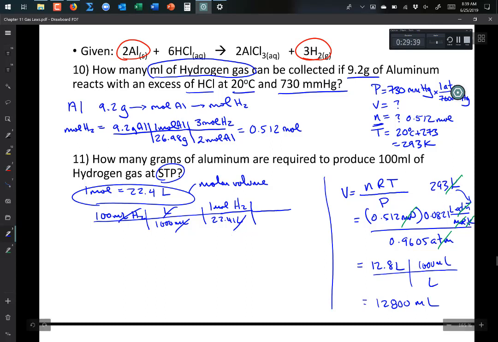So 3 moles of hydrogen at the bottom and 2 moles of aluminum at the top. And then I'm going to get it over to grams, and it's 26.98 for every 1 mole. And then I can see all these units cancel out and leaves me with grams of aluminum. So now I just need to do it on my calculator.